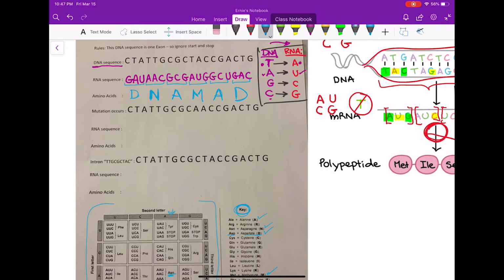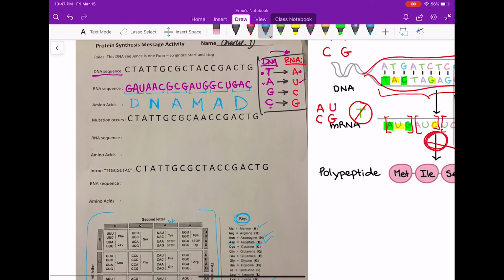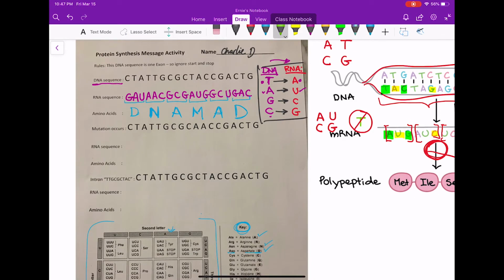And this is a sequence of amino acids. So that's our message. Now for the next one, we are given basically the same code, right? It's the same code as this one, except the T right here has been replaced by an A. So it's basically the same thing.